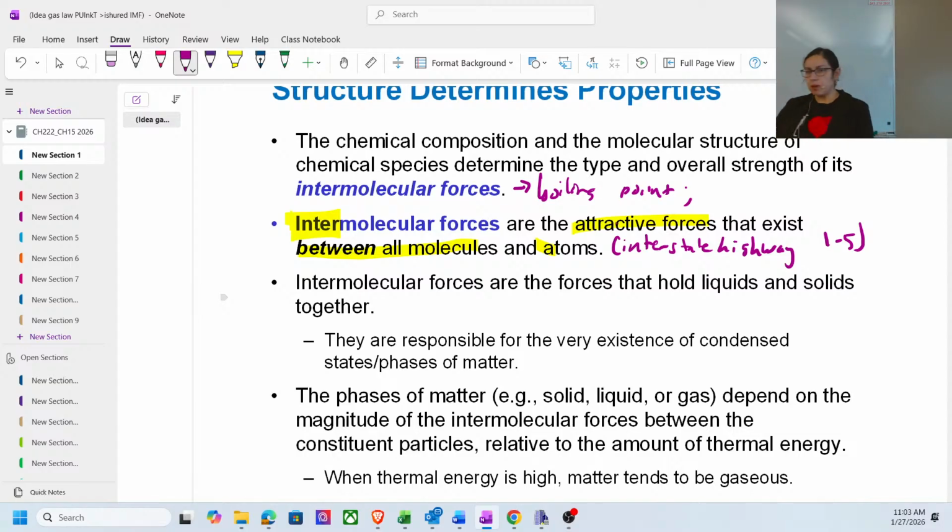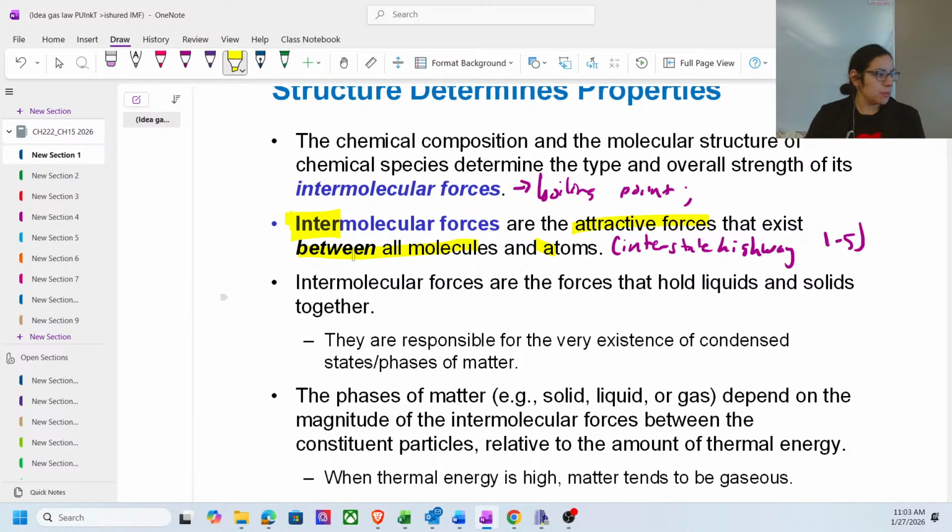So something that goes between states, right? So again, this is between molecules. And so it's important to remember when we're talking about disrupting these intermolecular forces, we're not doing any bond breaking. So we're not talking about a covalent bond or anything. We're just looking at between molecules.